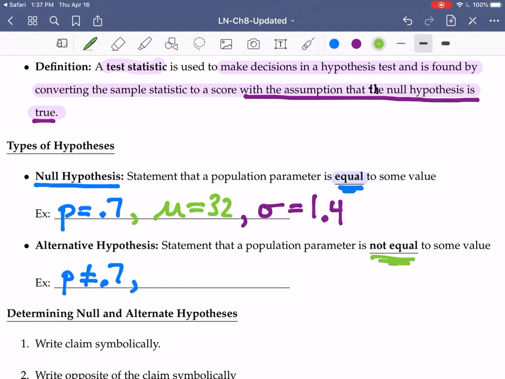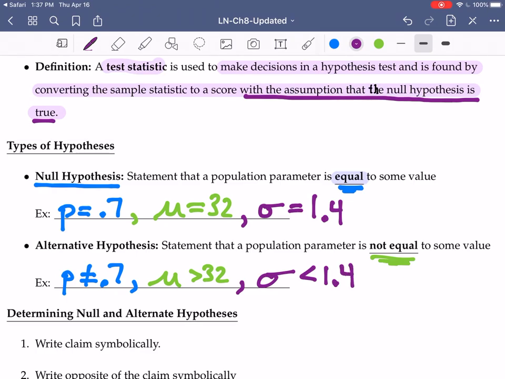If something is not equal to a value, we can be very specific on how it's not equal to a value. We could say the mean's not 32 because the mean is actually larger than 32. So we might have an alternative hypothesis that has a greater than sign. Or maybe we would say the standard deviation is not 1.4 in a specific way. It's actually less than 1.4.